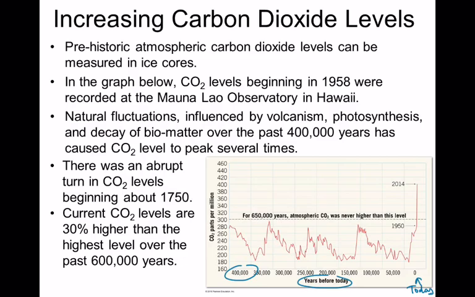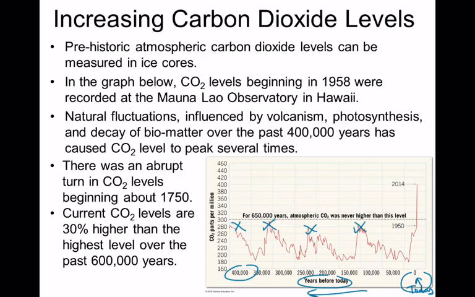So this is going back in time. We've had a few, if you count the peaks, this is a peak, this is a peak, peak, peak. Then of course here we are in the present, and that upswing, sometimes they call that the hockey stick, where the carbon dioxide spikes up.